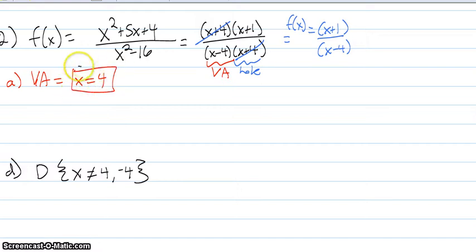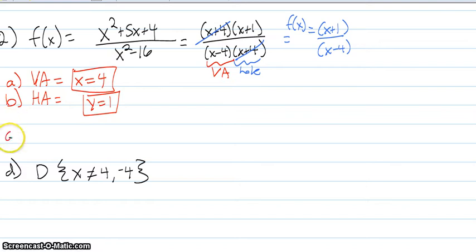That's the important part. For the horizontal asymptote, B, the degree on top and bottom are both the same. Notice they're both x squareds. So the horizontal asymptote is then the lead coefficient ratio, which in this case is just 1 over 1. So the horizontal asymptote has the equation y equals 1.